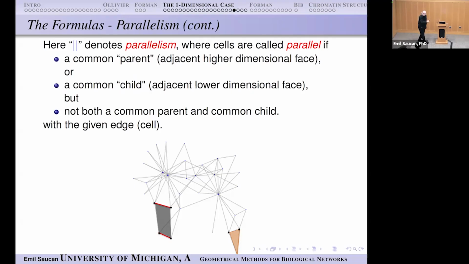They don't have a common vertex. Whereas these two, this one and this one, belong to the same face and also intersect in the same vertex. So they are not parallel, okay? So if things look parallel, they are parallel. And of course, in a triangle, you don't have parallel edges, so it's easy to see here.